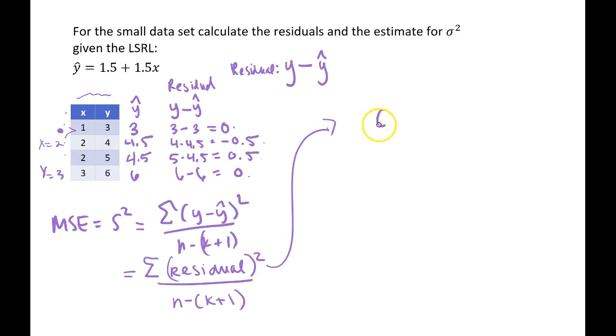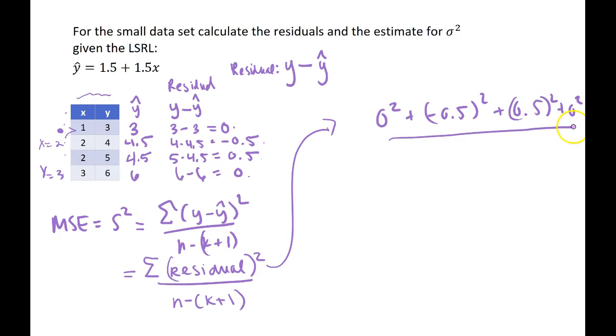So we do 0 squared plus negative 0.5 squared plus 0.5 squared plus 0 squared again, and divide it by n minus k plus 1, where k is the number of explanatory variables in our model. So we only have one x, which means that k is equal to 1. So our denominator is going to be n minus 2, where n is equal to 4. So 4 minus 2 is equal to 2.